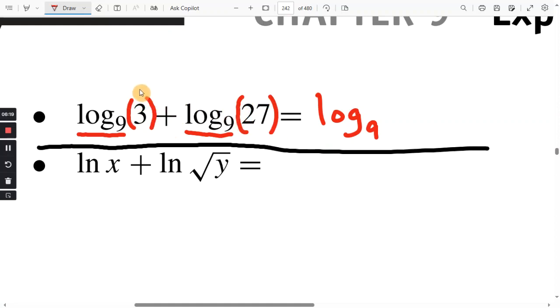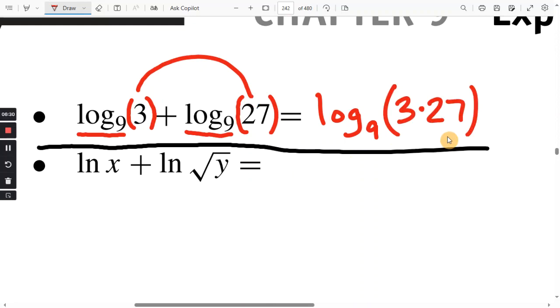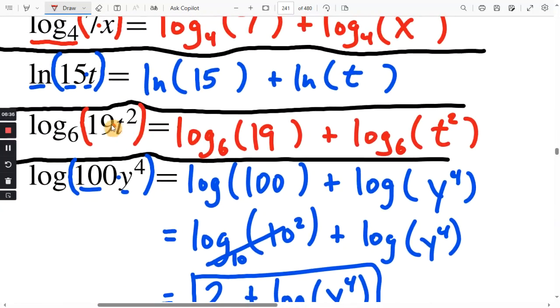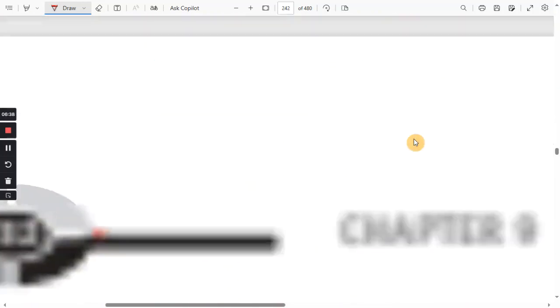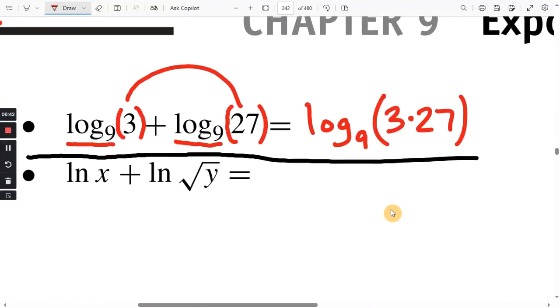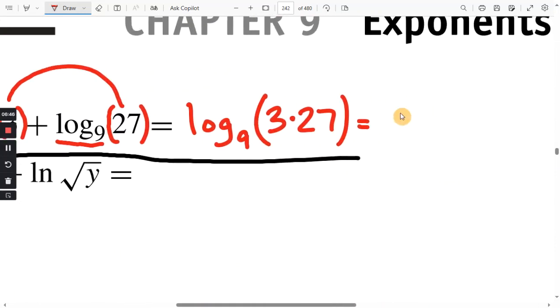So this is going to be 3 times 27 for the new argument. Okay, so in the parentheses, it's going to be 3 times 27. So here we unpacked it. All right, we went from the product to the sum, and now we're going the other way around, from the sum to the product. All right, so we're just doing it the other way around, and we keep the log base 9.